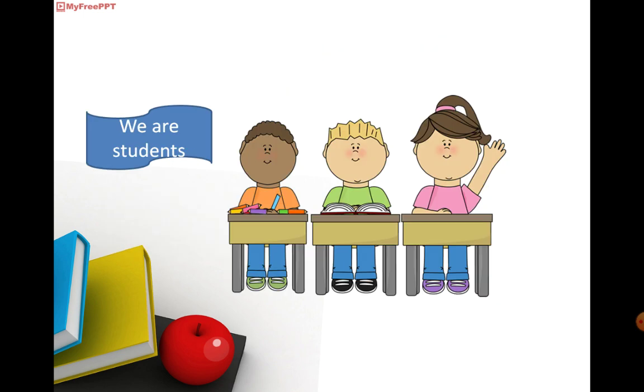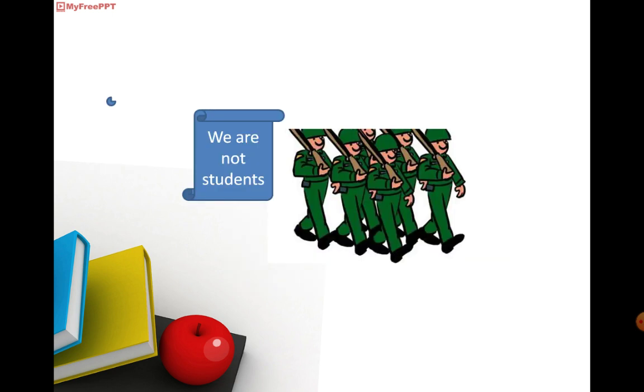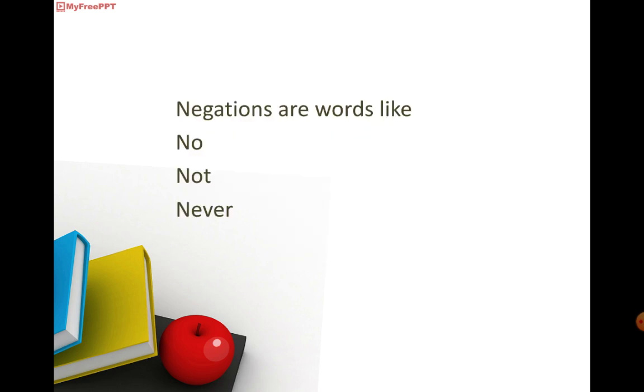Another example, we are students is a positive sentence. We are not students is a negative sentence. Therefore, words like no, not, never, etc., whenever they are used in sentences, those sentences are called negative sentences.